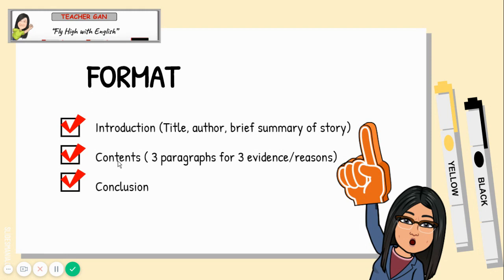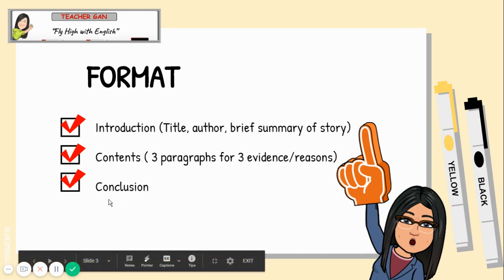Then for the second, third, and fourth paragraphs, you have to write the three evidence or reasons for the question asked. Then the conclusion is the last paragraph, which is paragraph 5.